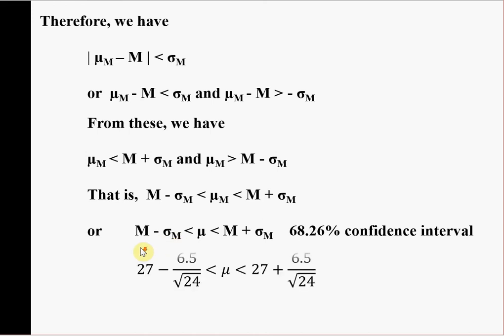So we can actually calculate the lower bound and upper bound: 27 minus the standard error, 27 plus the standard error. We complete these calculations and obtain the lower bound and the upper bound. This lower bound and upper bound create this interval we call the 68.26% confidence interval. So we are 68.26% sure that this interval includes the population mean.